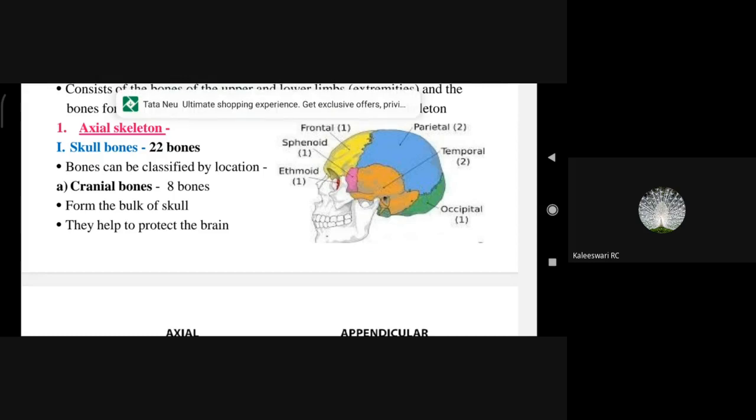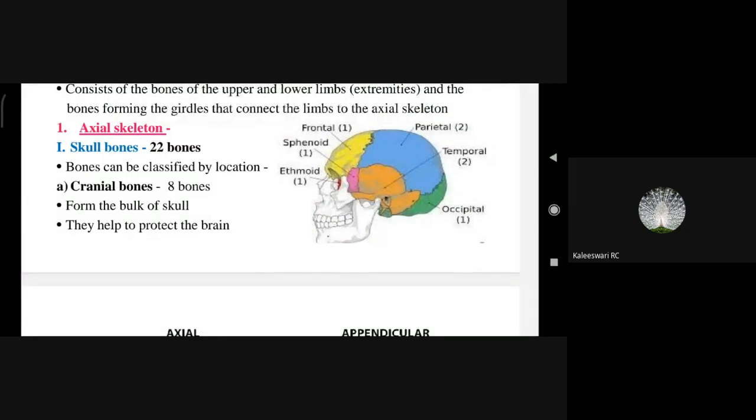Parietal are 2. Parietal bones are on the crown portion of the head, and these are 2 in number. Temporal bones are also 2 in number. They are on the ear, means the temporal area. Temporal area means the area where both ears are located.